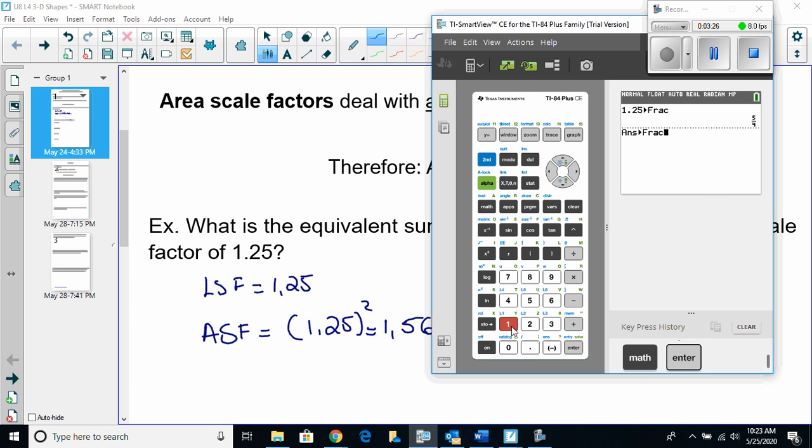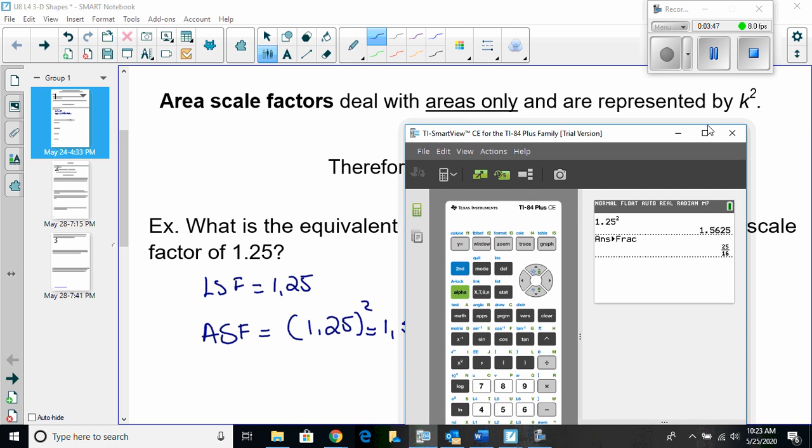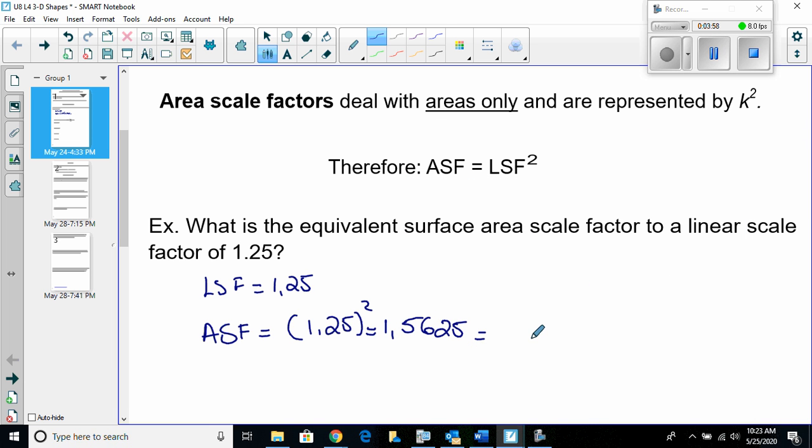Now, what we have is 1.25 to the power of 2. And if we want to convert it into a fraction, you don't have to know too much about converting because the calculator is doing it for you. Okay, so this will be 25 over 16, because this is 5 over 4.